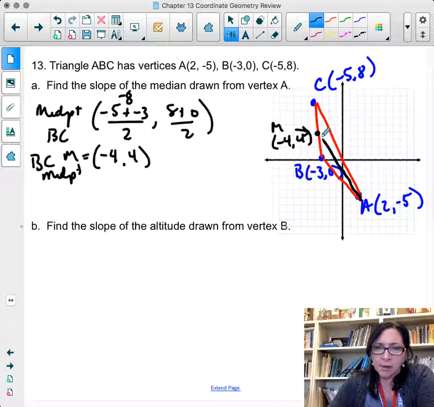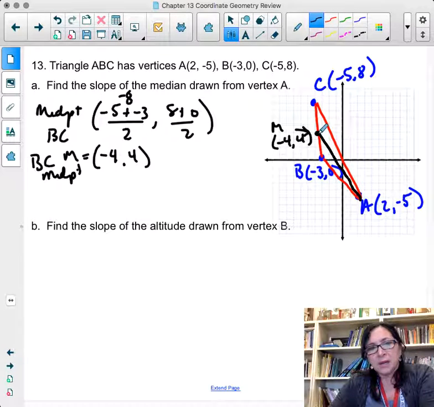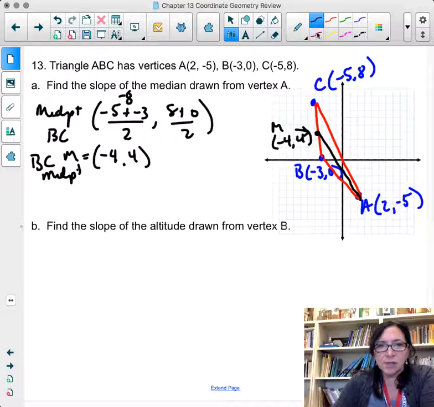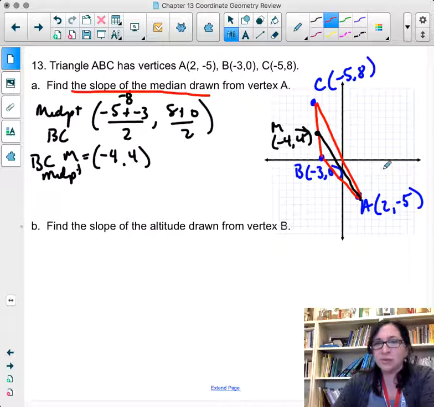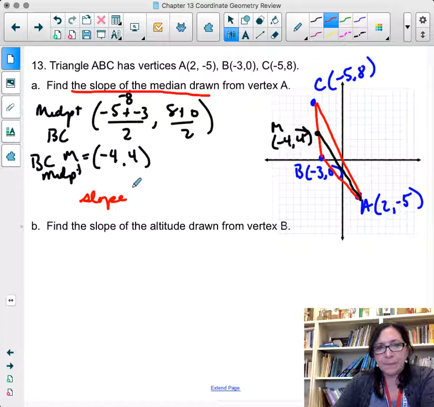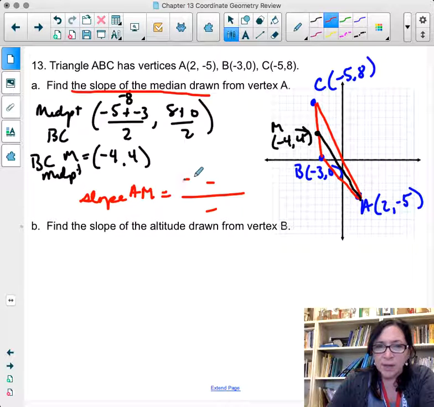But here's the thing. The actual question says find the slope of that. Now that we have that, we need the slope of AM. That's what we're looking for now. So we're going to subtract our y's over subtract our x's. So we have negative 5 minus 4.